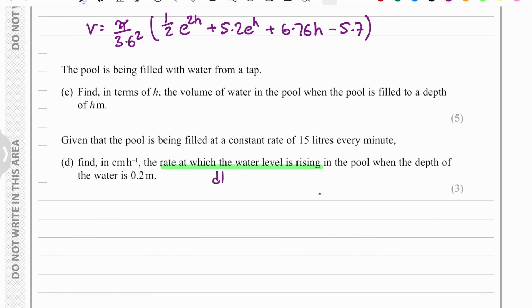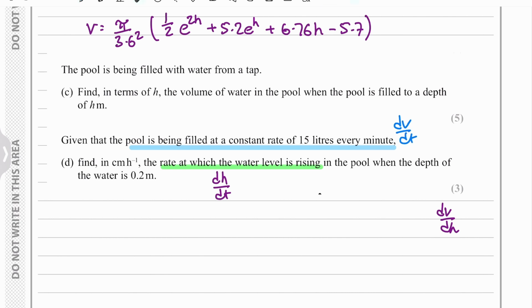And this is the change in height over time, the dH by dt. We have the equation for V, which we can differentiate to get dV by dH. And we've been told here that the pool is being filled at a constant rate of 15 litres every minute. So this is dV by dt.